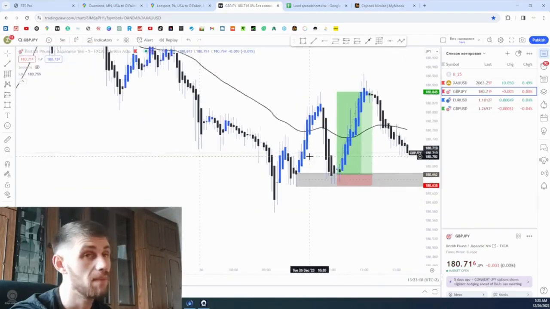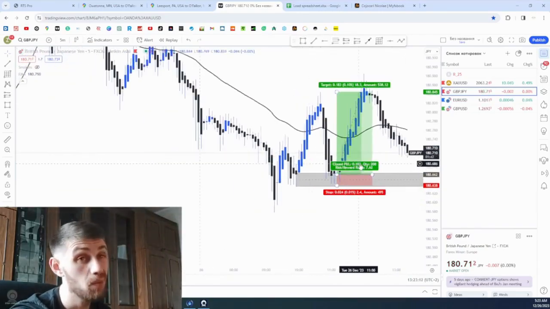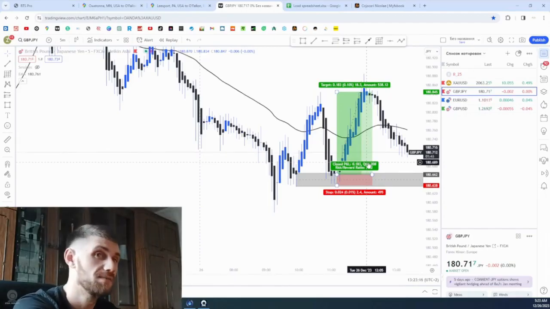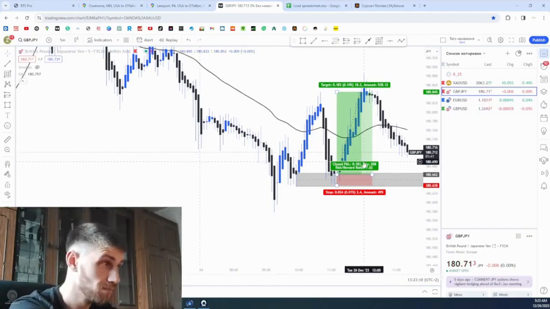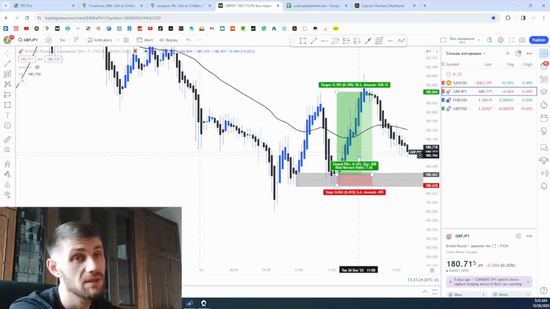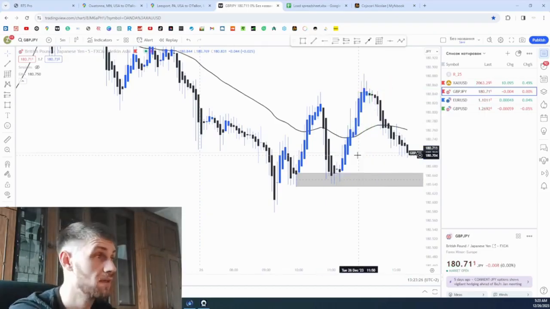That would be an even better risk to reward. My point is, this is a very risky and very aggressive way to enter a trade, but it's still an entry point. So it's totally up to you guys how you use that.